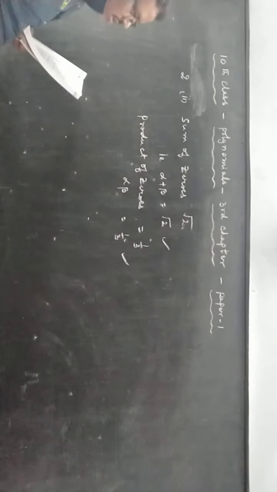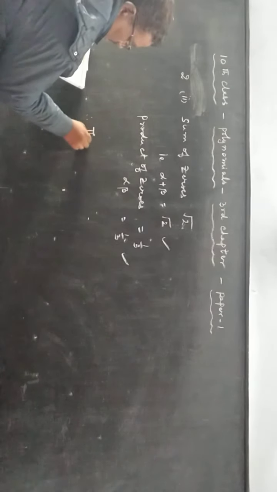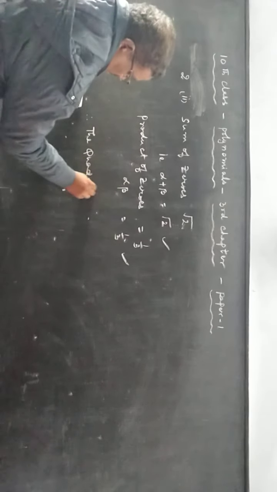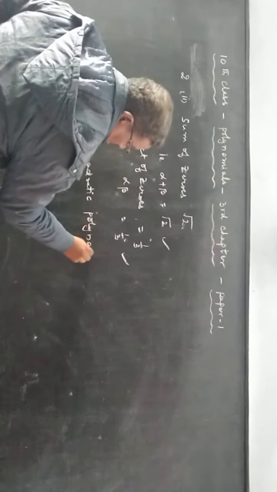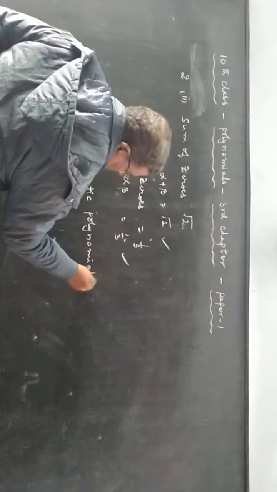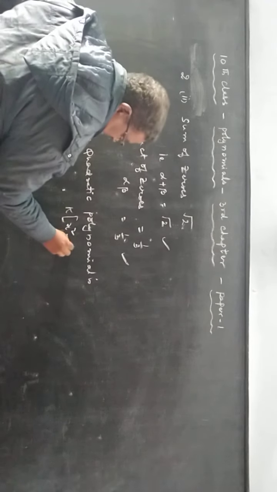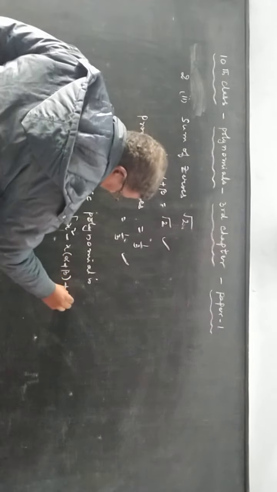At that time what is the quadratic equation? So therefore the quadratic polynomial, not equation, the quadratic polynomial is k into x square minus x into alpha plus beta plus alpha beta.